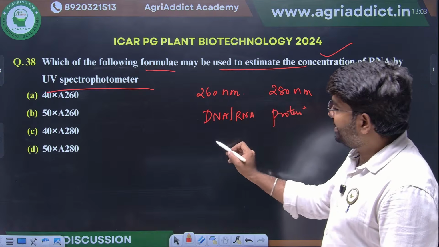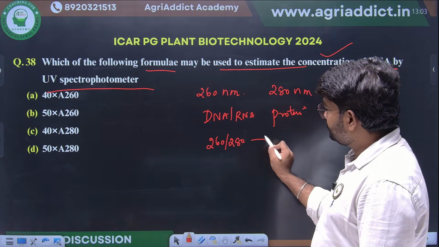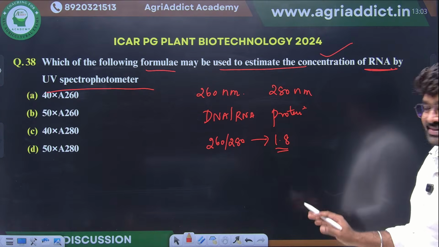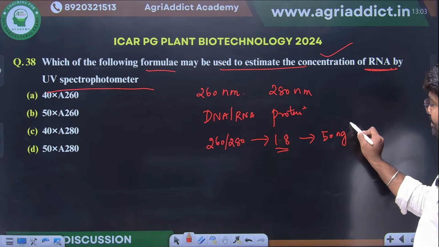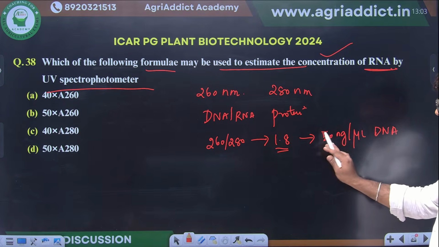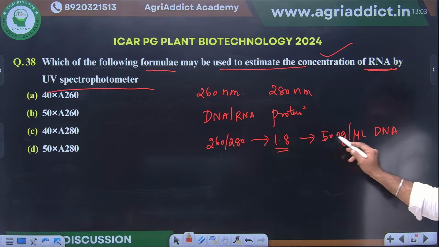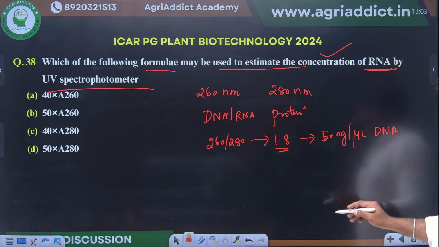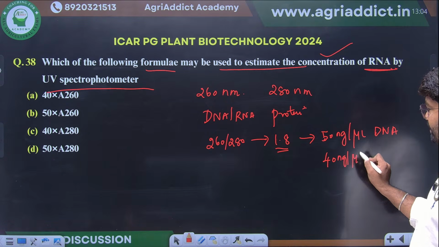If the ratio of 260 by 280 is 1.8, there will be 50 nanogram of DNA per microliter. This is a very important concept, you have to just remember it. If it is RNA, that will be 40 nanogram per microliter.